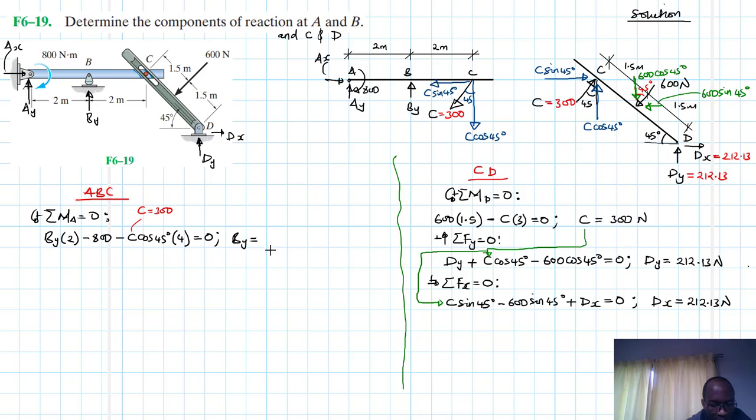And By becomes equal to 824.26 newtons. Let me check it again. That's 4 by 300 cos 45 minus 800, divided by 2, 824.26. That's our By. Great.